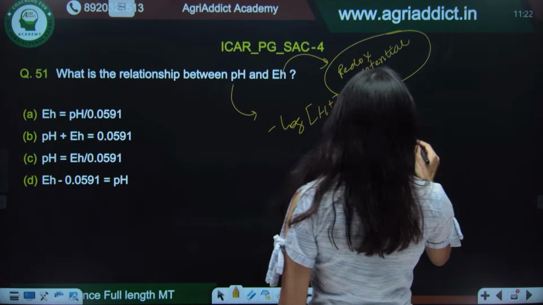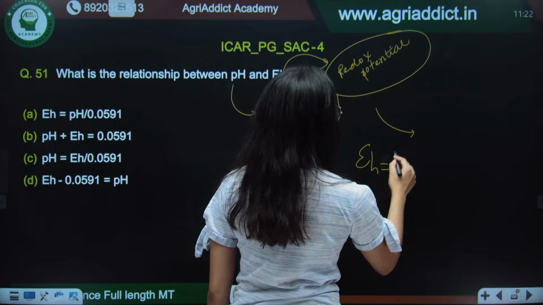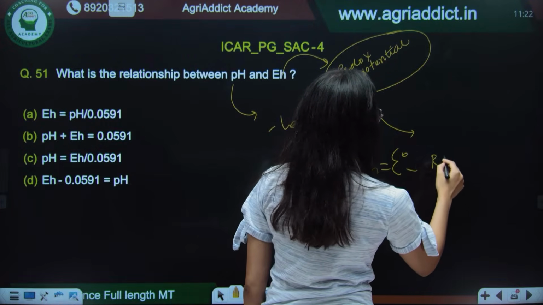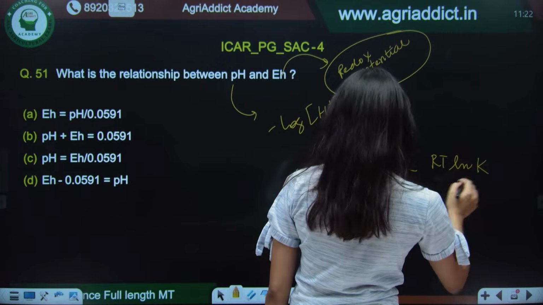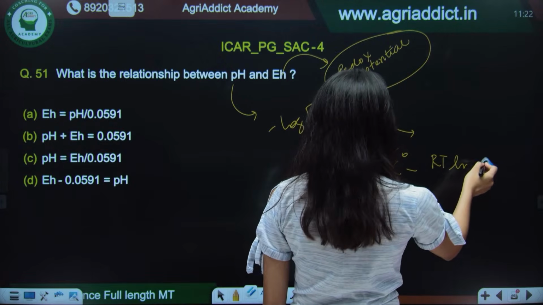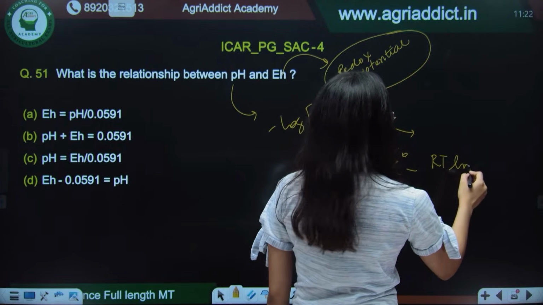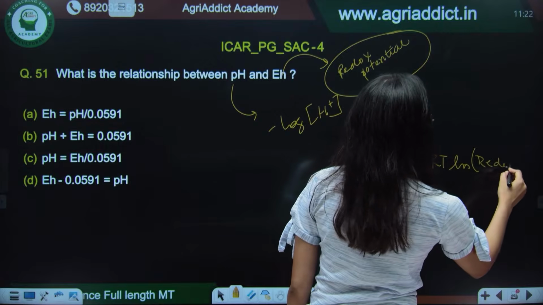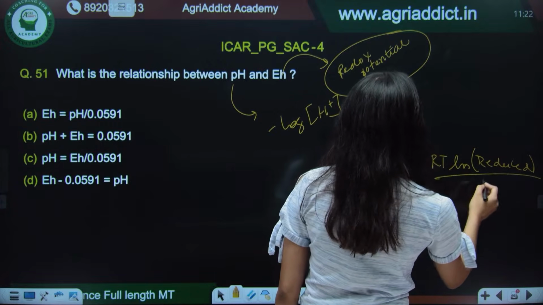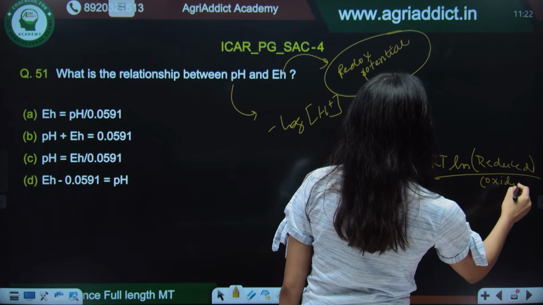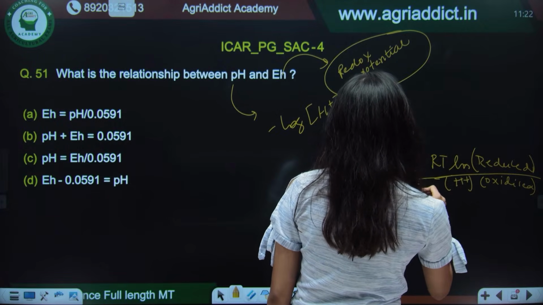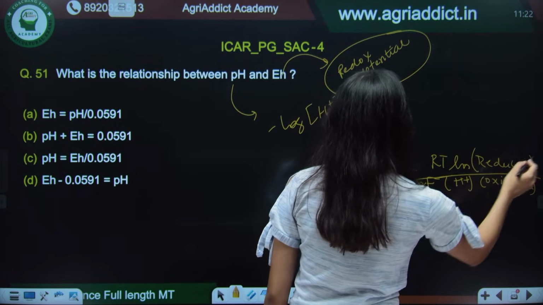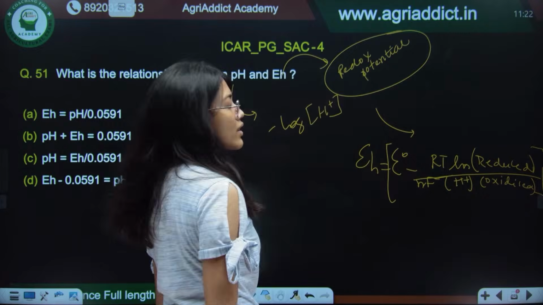Again we can judge it with the help of the Nernst equation. E0 minus RT ln, you can write here, reduced species by oxidized species into H plus, RT by nF. Okay, so you can write this.